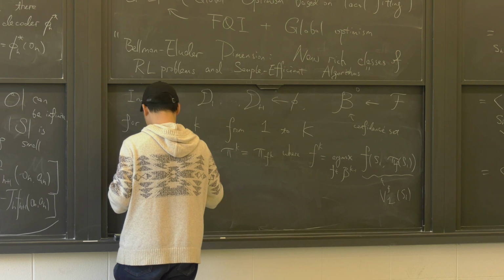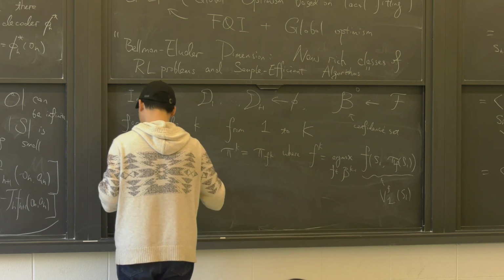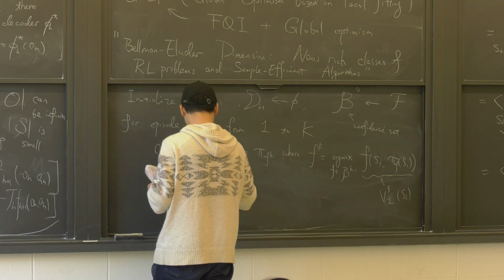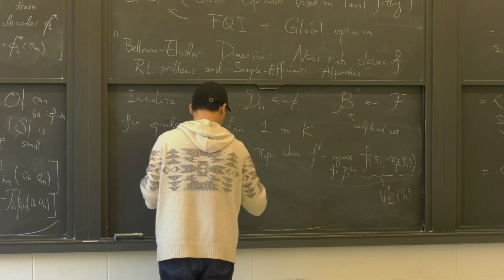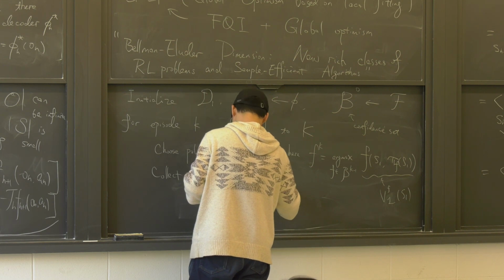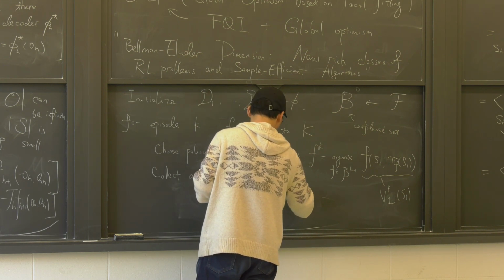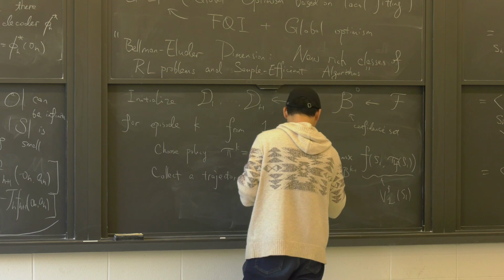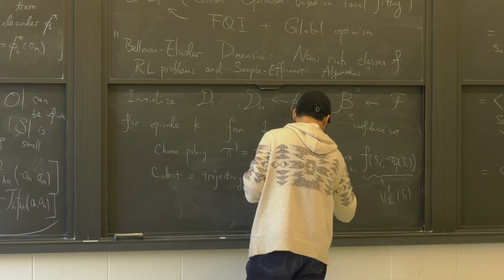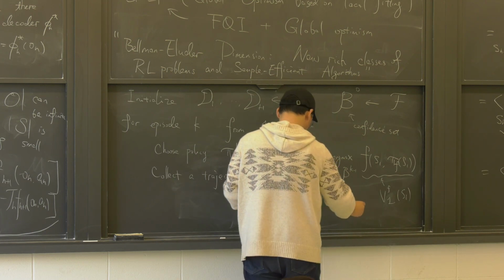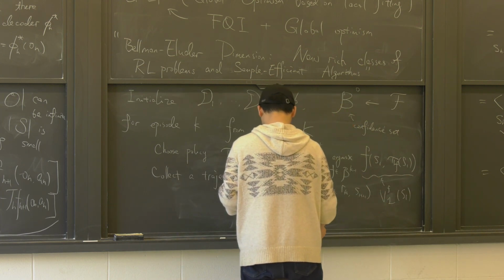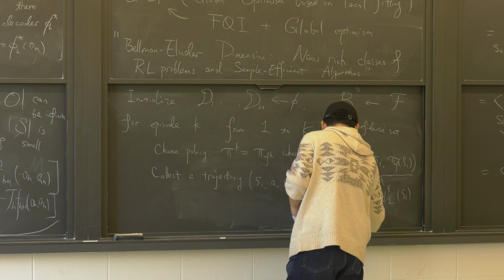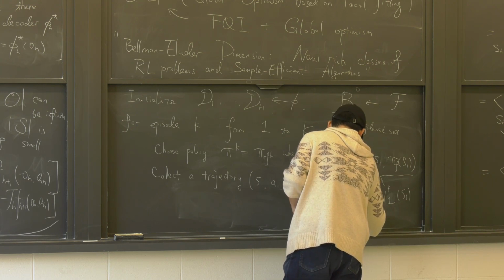And then we collect a trajectory S1, A1, R1, till SH, AH, RH, SH plus 1, by following pi k.